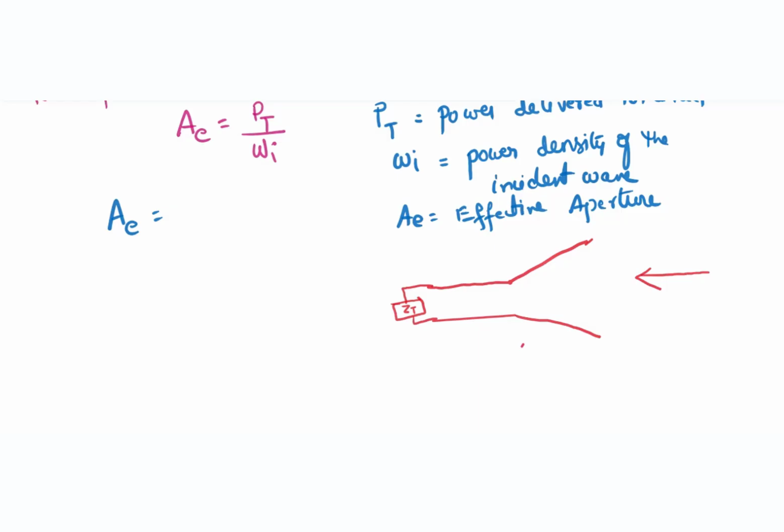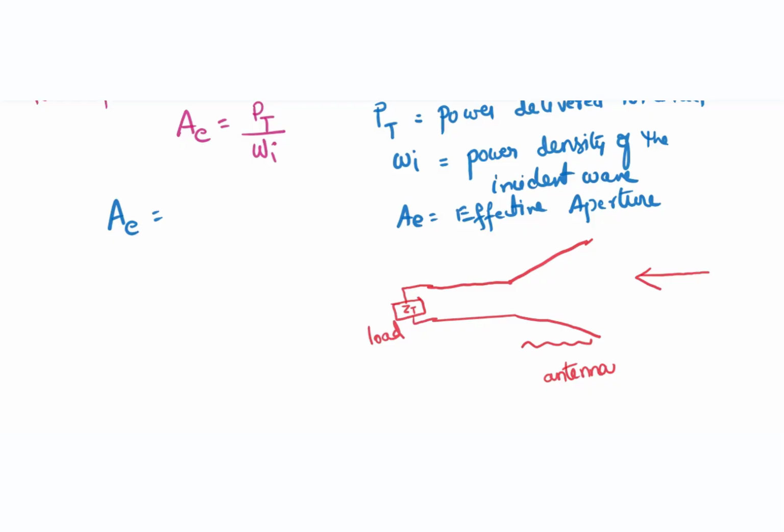This is all antenna. So what is PT? Power delivered to the load. Here is the incident wave, it gets incident on this antenna, and that incident energy gets delivered to this load. This is the load now. So the power delivered to this load is nothing but PT.